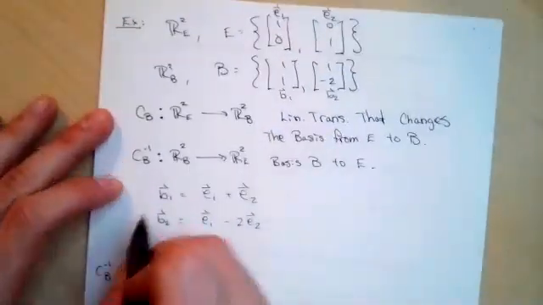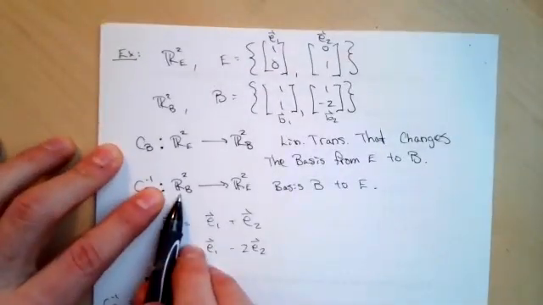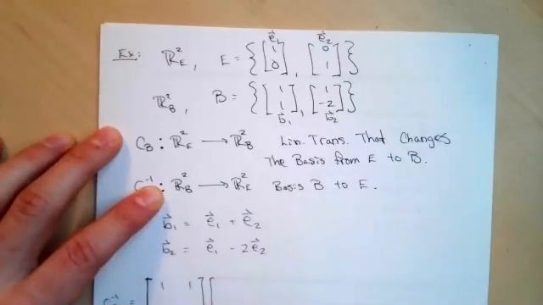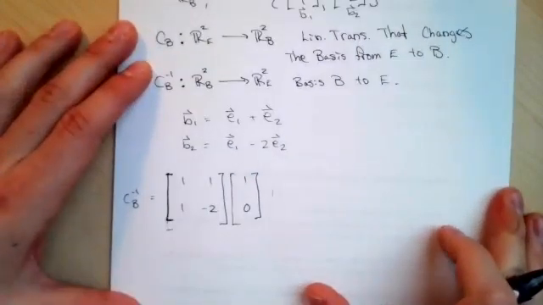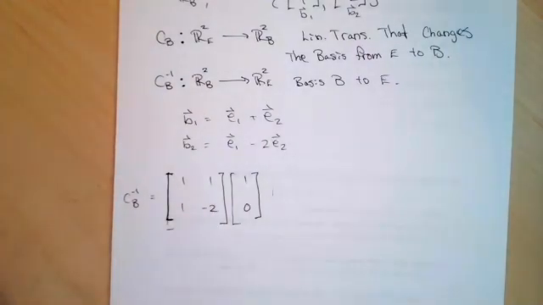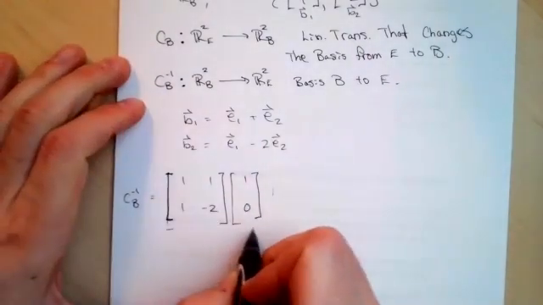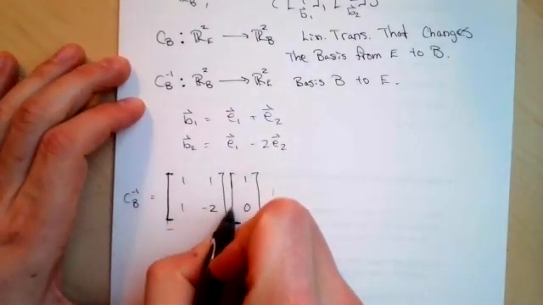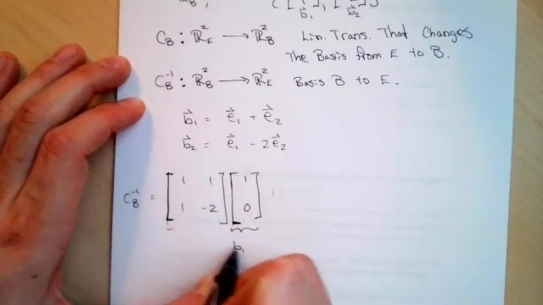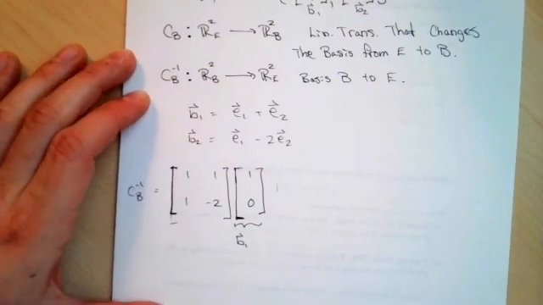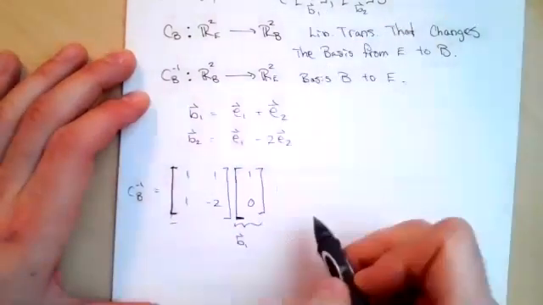If we start in R2 with basis B, what happens when I multiply this matrix by this vector, what looks like the standard basis element? Well, we've got to be very careful because this vector is actually B1. It looks different though.